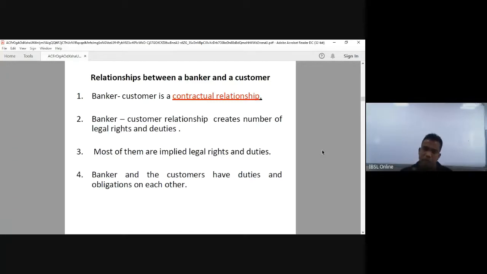Today we have another type of contract, that is e-contracts, electronic contracts. It is not necessary to have a written contract all the time. Some contracts are written, some are unwritten, verbal. Some contracts are by conduct.